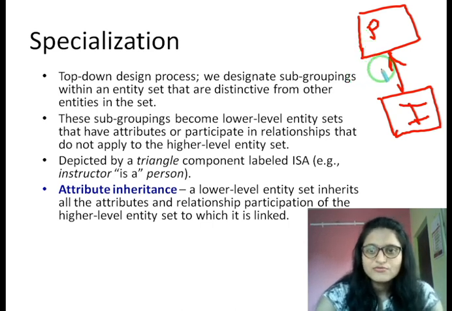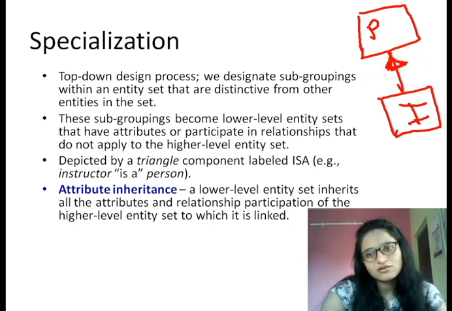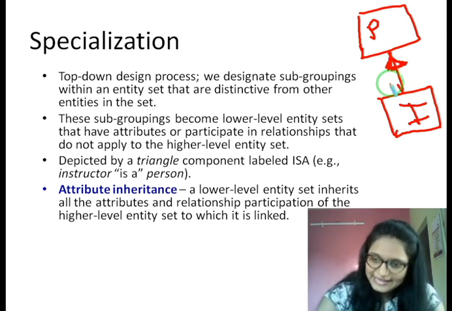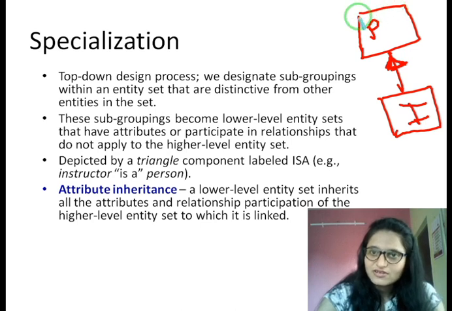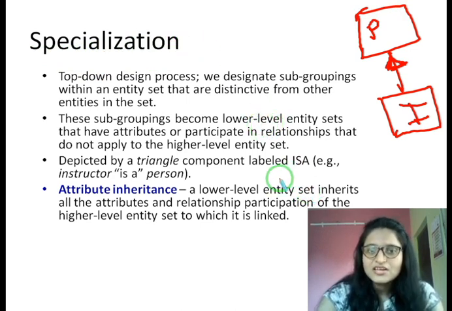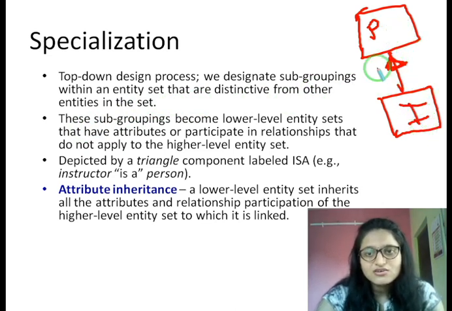Whenever we draw an arrow ending with a triangle symbol at one end, that time this indicates a specialization in the entity relationship diagram. Specialization means we perform a subgrouping within an entity set that is distinguished from the other entity sets. So here your person may be an instructor or a student.